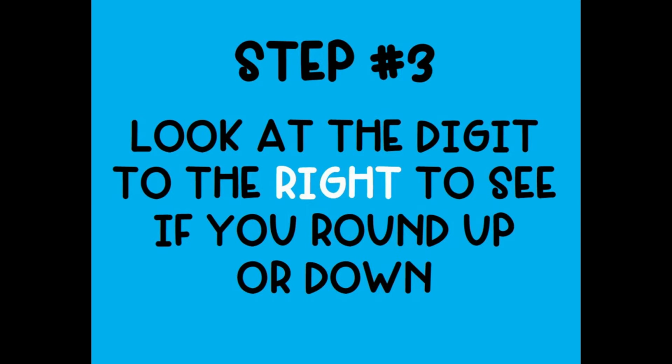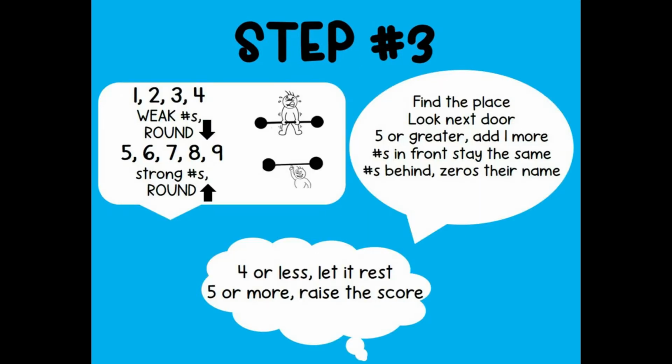Look at the digit to the right to see if you round up or down. There are a few sayings that you may have heard to help you determine whether you round up or down. The first one is knowing the numbers 1, 2, 3, and 4 are all weak numbers and you round down.